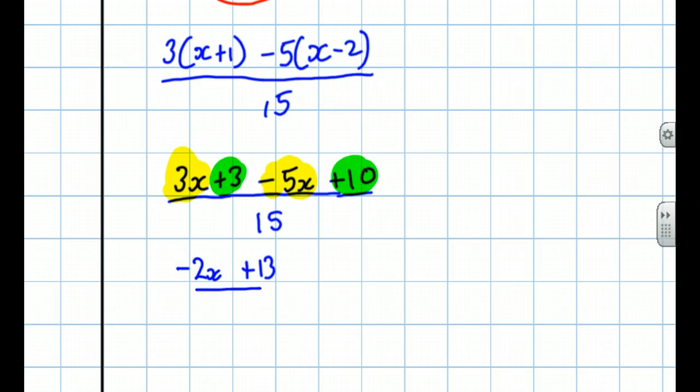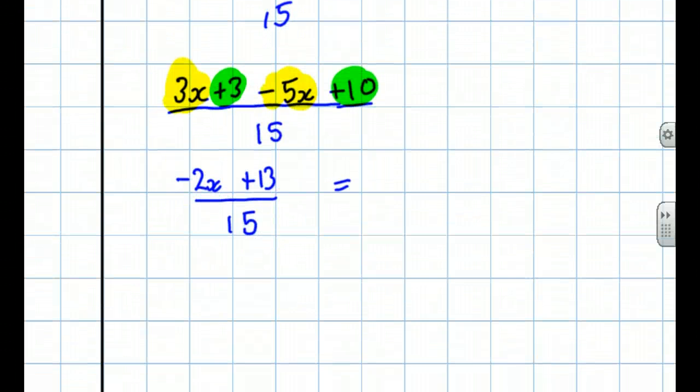So minus 2x plus 13, over 15 equals, now this is where the right-hand side comes in again, is equal to 4. And now, and only now, do I multiply both sides by 15. So we get minus 2x plus 13 equals 60.